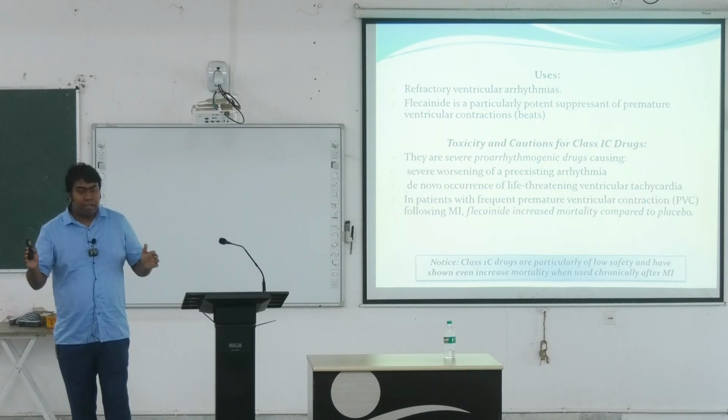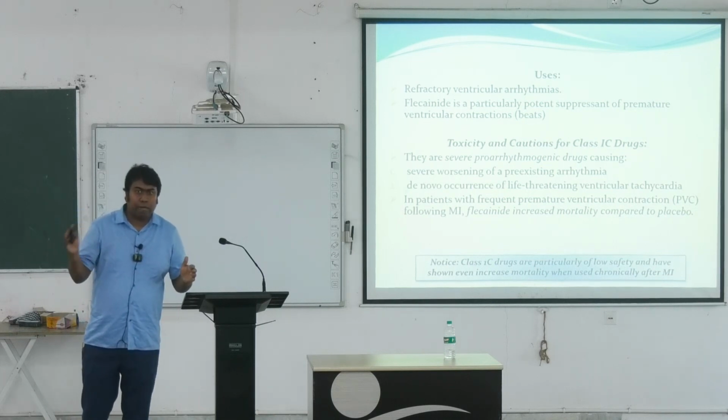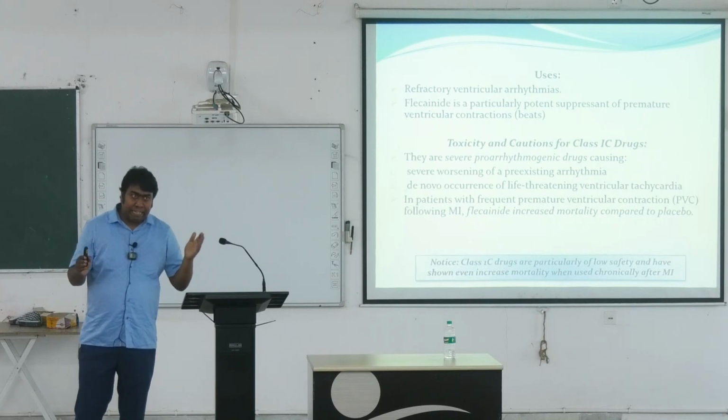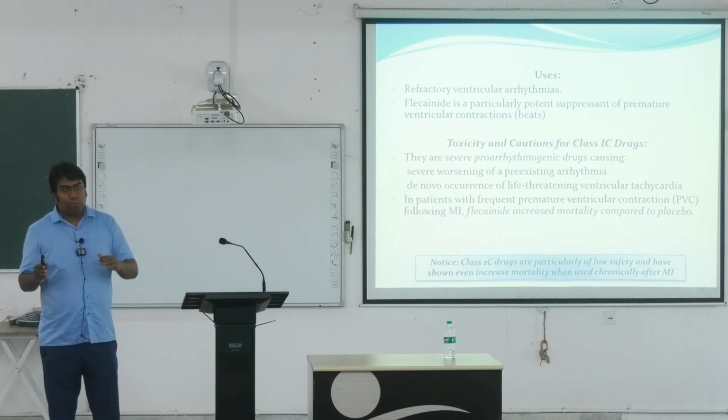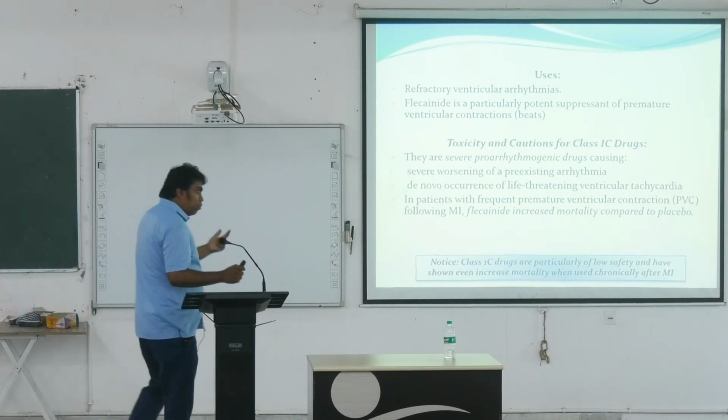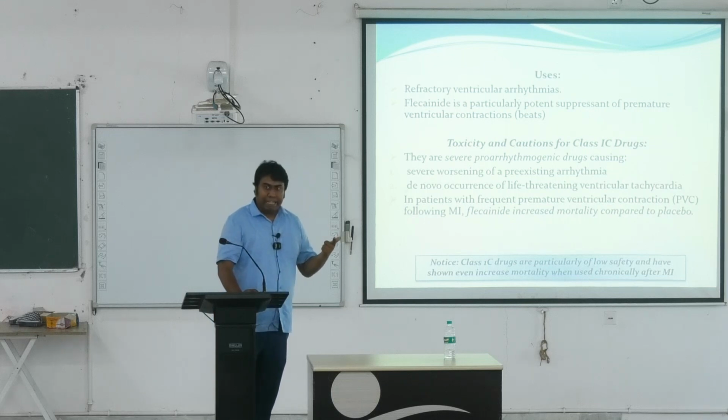MI followed by ventricular ectopics, beta blocker is used. If we give 1C flecainide, they can increase mortality. Clear? The 1C is a very good reserve antiarrhythmic. Very good reserve antiarrhythmic.